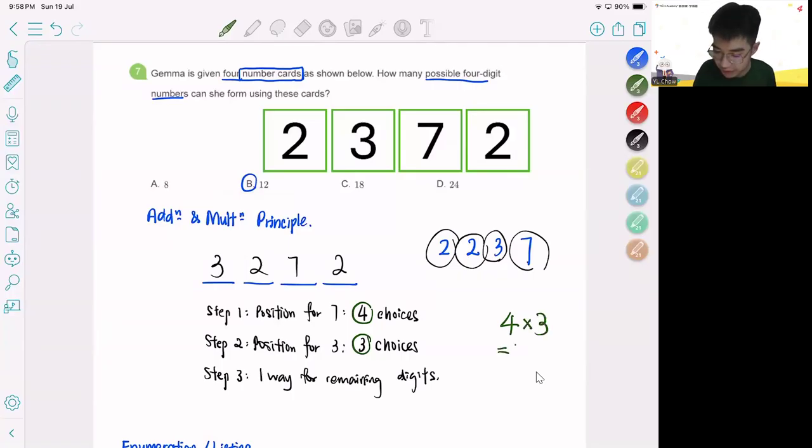This we use the multiplication principle. 4 times 3, you will still get 12 as your answer, right? There are 12 possible 4-digit numbers. So this is a bit tricky because you have 2 identical digits, right? But thankfully, you can do using listing or you can use addition and multiplication principle. Okay, so that is the only MCQ in this paper that I would go through.